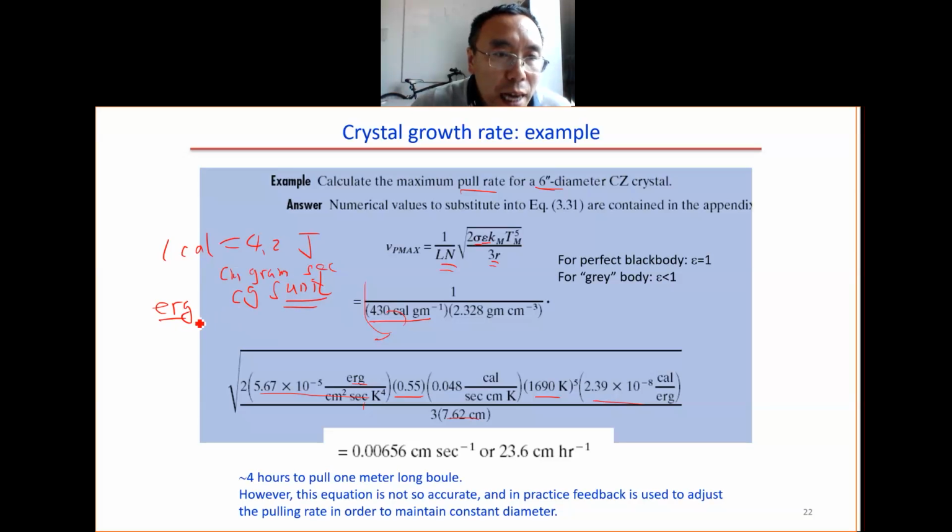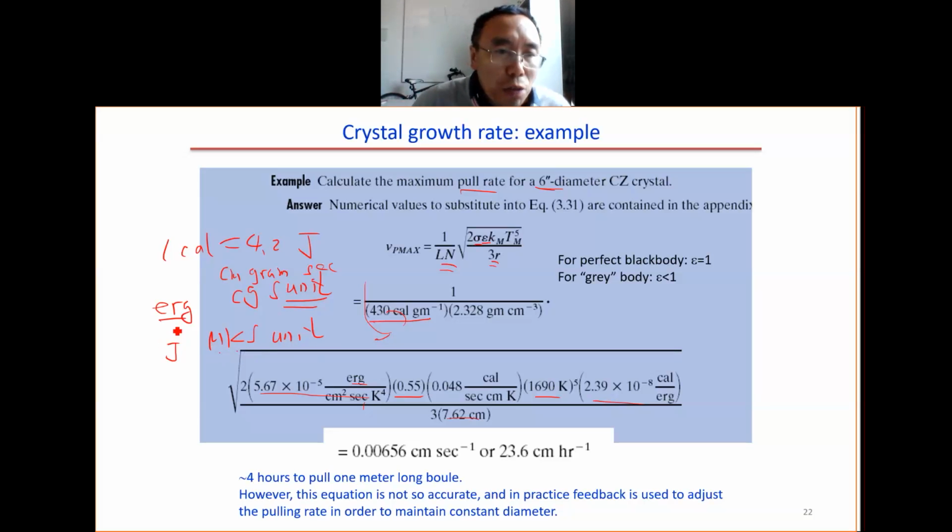The joule is the energy unit in the MKS system, which is meter, kilogram, second.